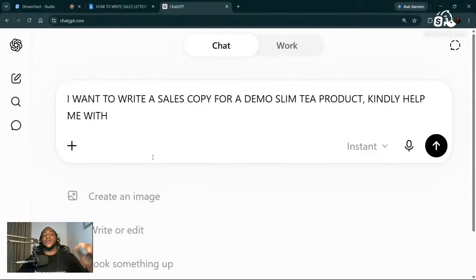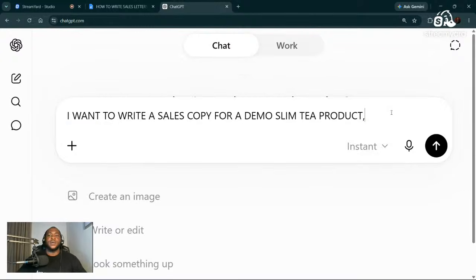Okay, let us craft out the name of this product ourselves. What should we name this Slim Tea? Lemon Slim.